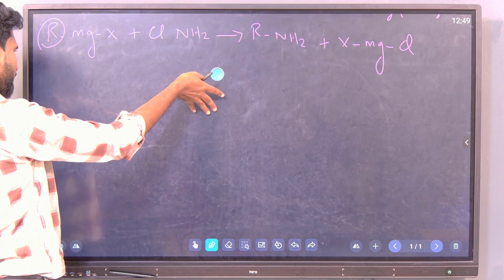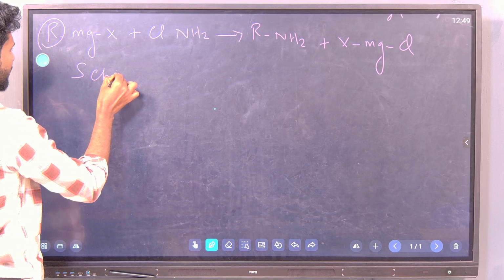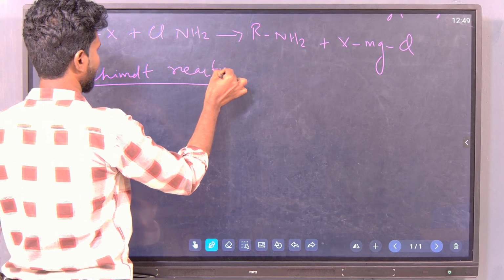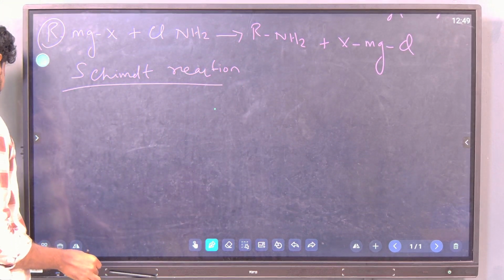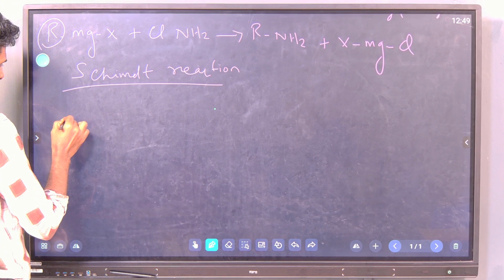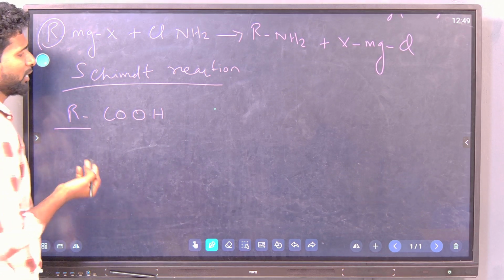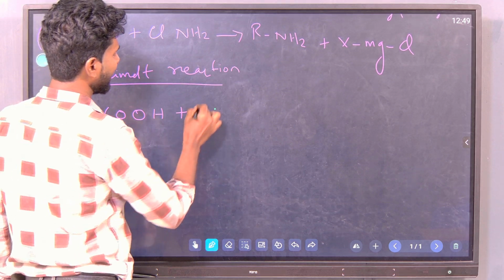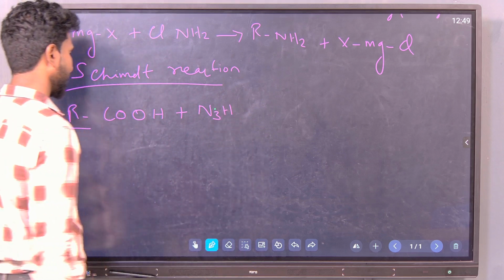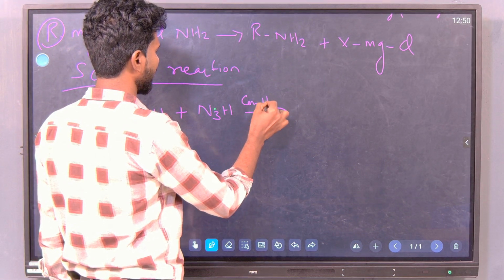Next one is the Schmidt reaction, preparation of amines by Schmidt reaction. Here the carboxylic acid reacts with hydrazoic acid, for example RCOOH, R means any alkyl group, in the presence of N3H, hydrazoic acid, and concentrated sulfuric acid.